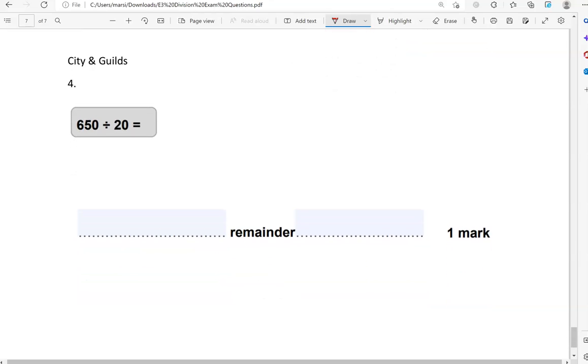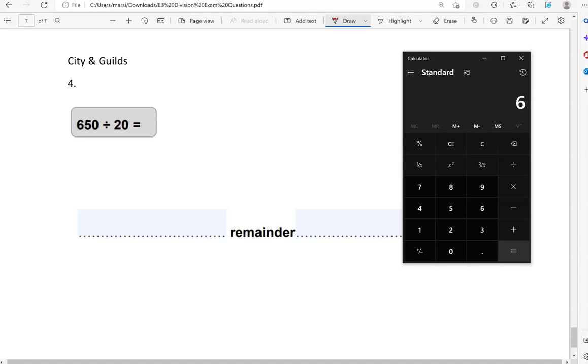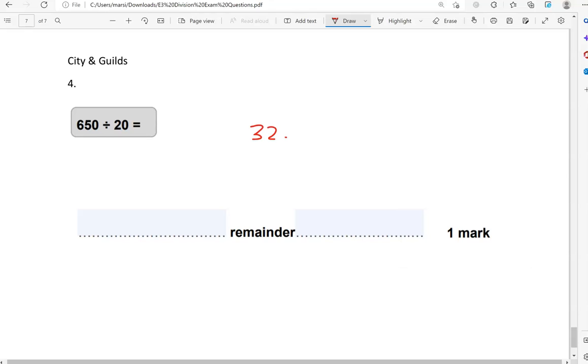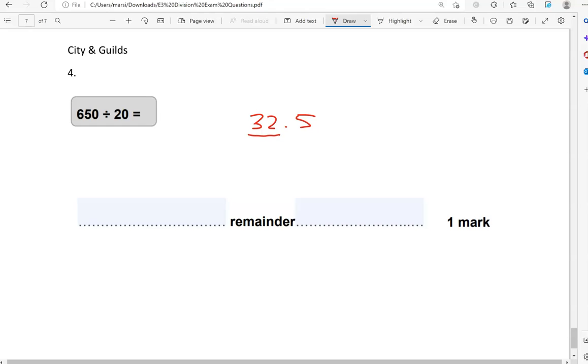650 divided by 20. That gives us 32.5. That is 32 and a half. Half of the 20 that we divided by, that is 10.